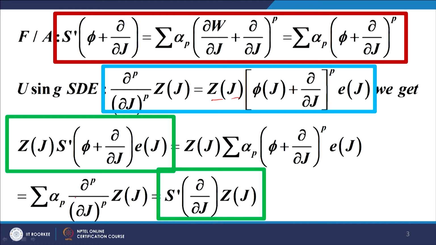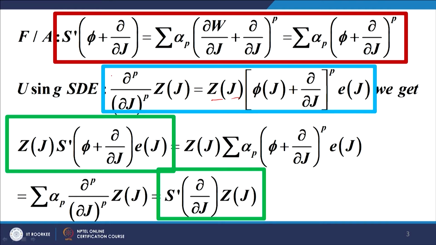So, that is precisely what we have done here. Putting it very simply, we have multiplied both sides by alpha p and then summed over p, and we have got the expression that is at the bottom of your slide.